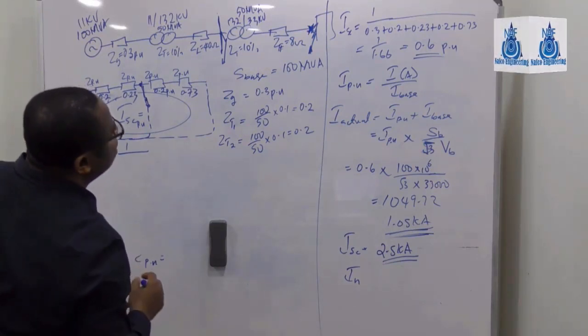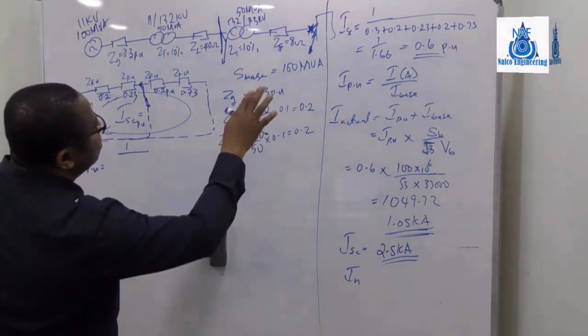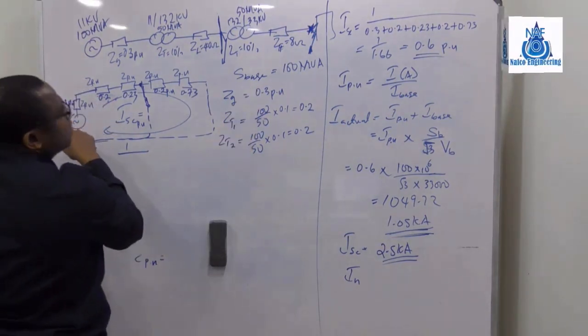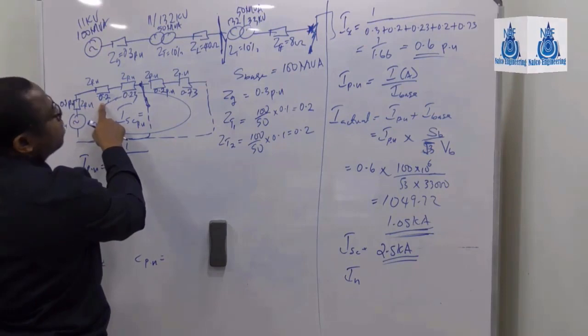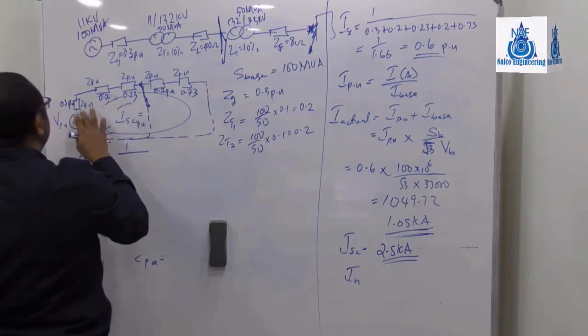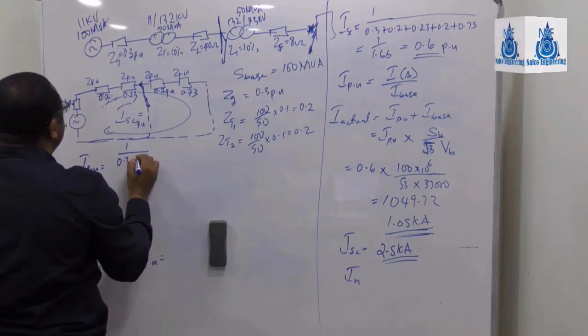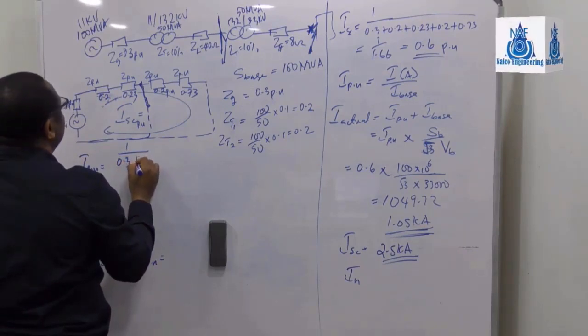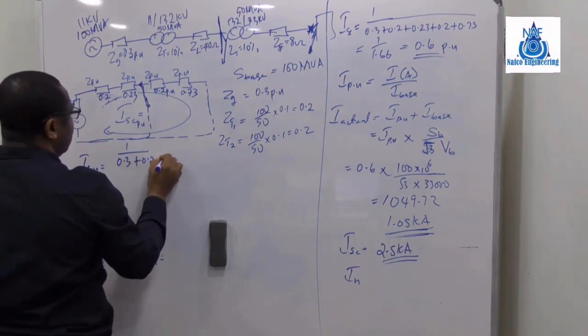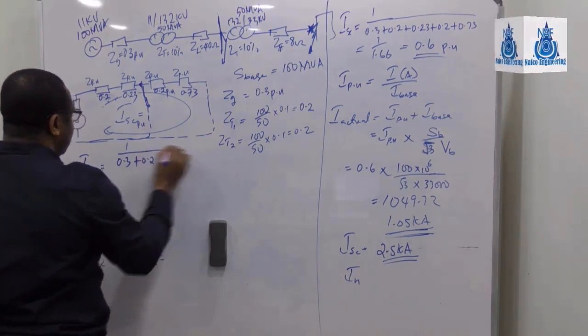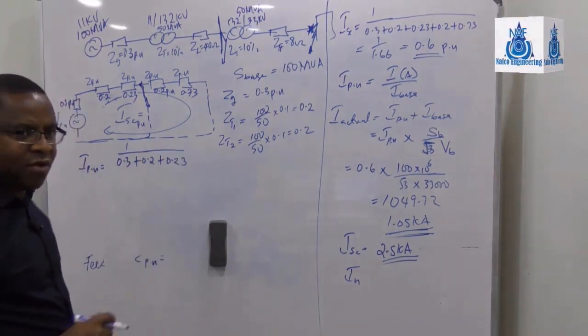Okay, 0.3 plus 0.2 plus 0.23. This is how much current in per unit that we are going to get there.